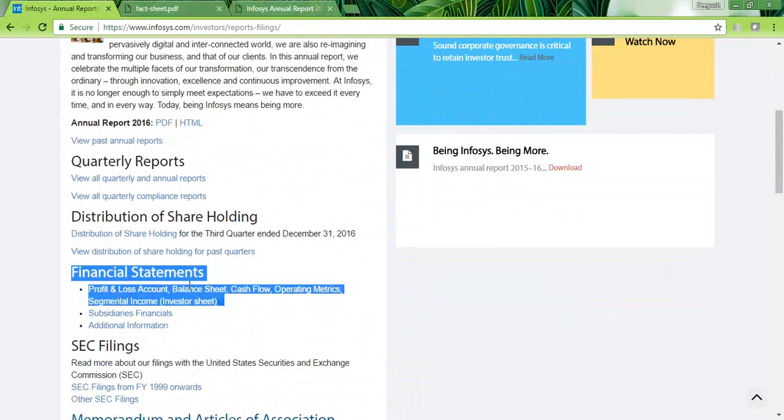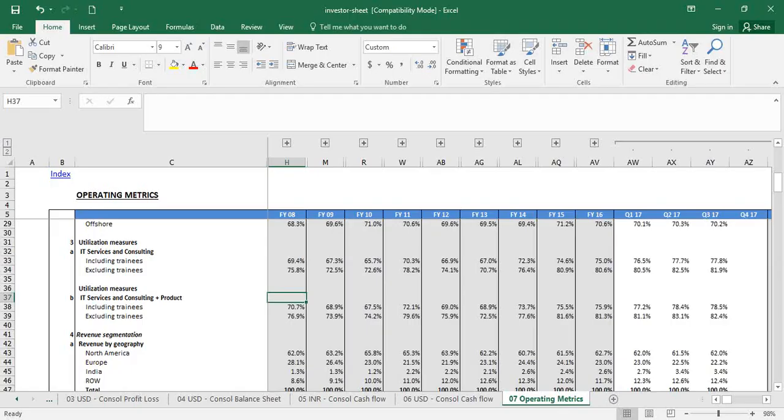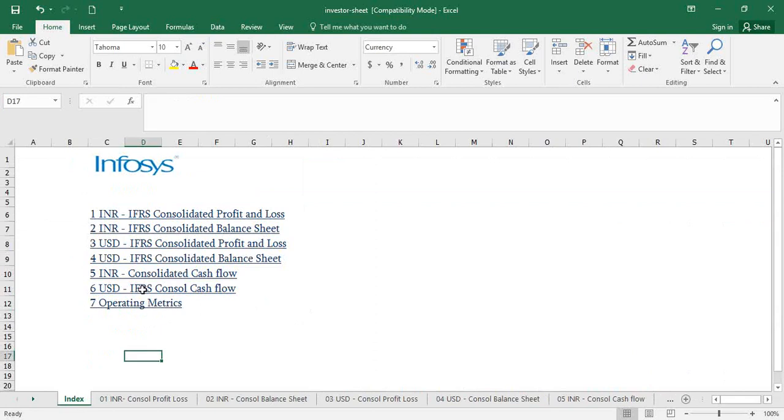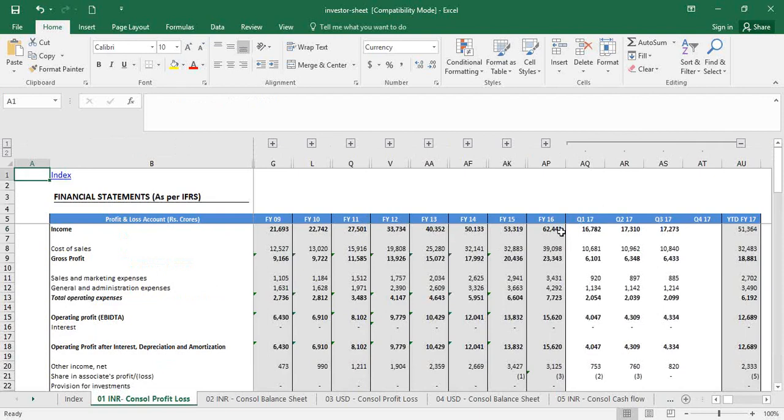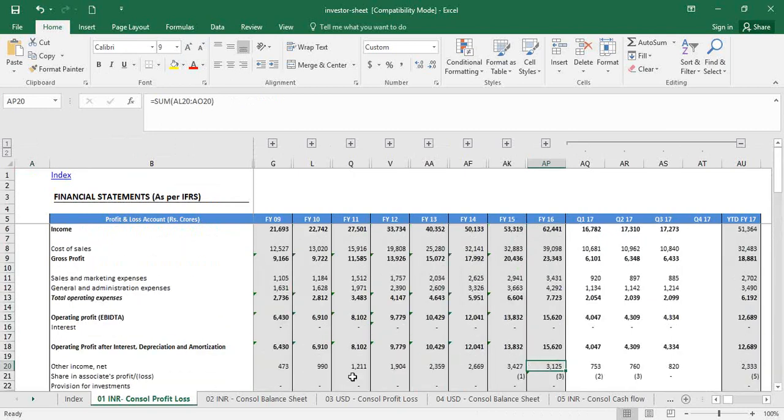So profit and loss account, balance sheet, cash flow, operating metrics, segmental income, investor sheet. It's an Excel file. If you click on it, it'll open a sheet like this, and this sheet would have an index and you would have all the data actually available to you. So INR, IFRS, consolidated P&L, year-wise is actually available. We put in this number for our understanding, but all the data is available here.